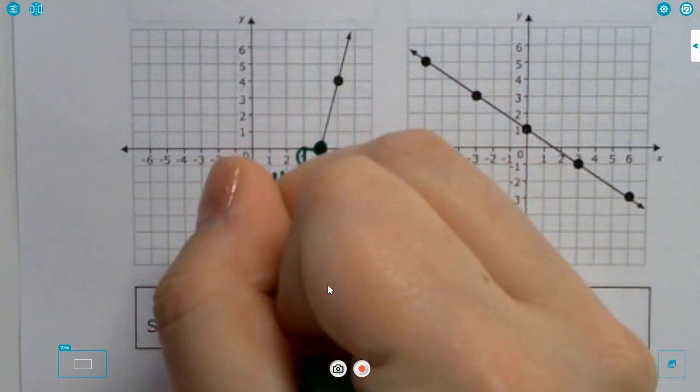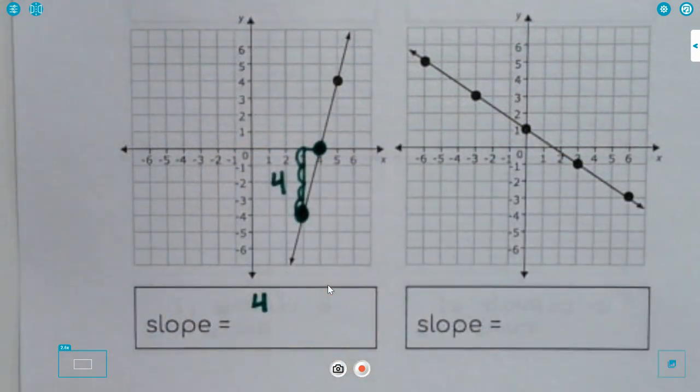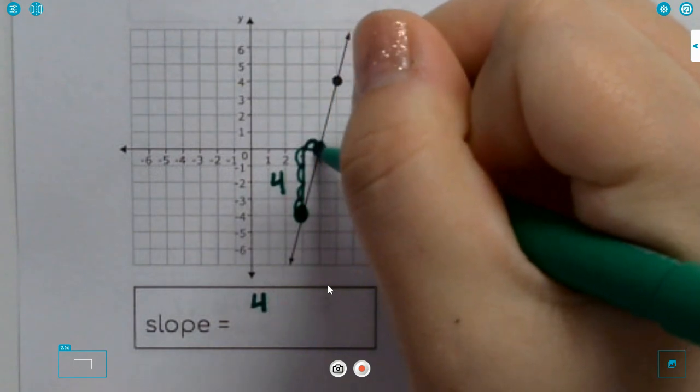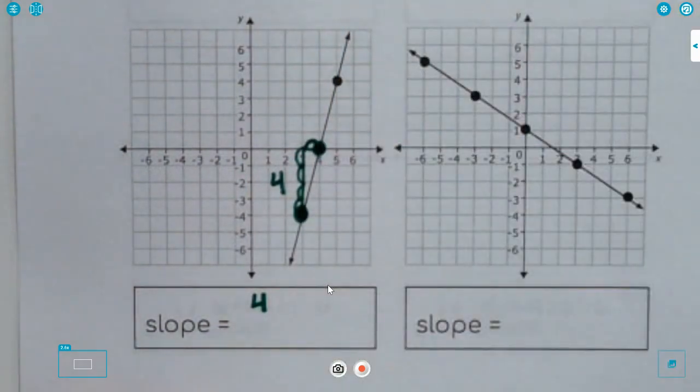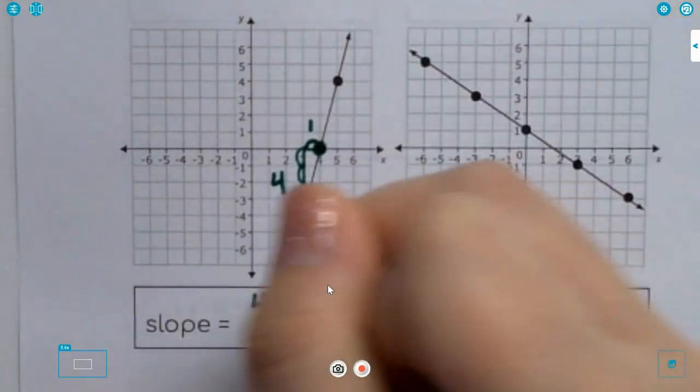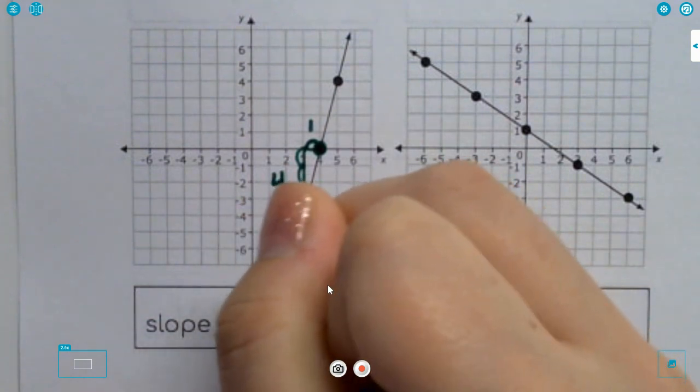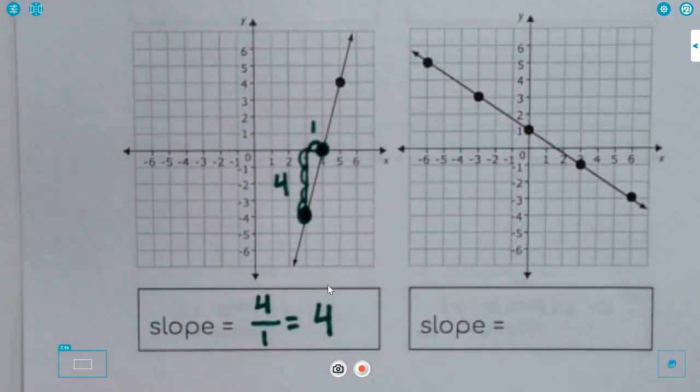You have to count the spaces, not the lines, because if you count the lines, you're always going to be off by 1. Then I go to the right just 1 space. So my slope here is 4 over 1, or 4 divided by 1 is just 4. Both of these would be acceptable answers.